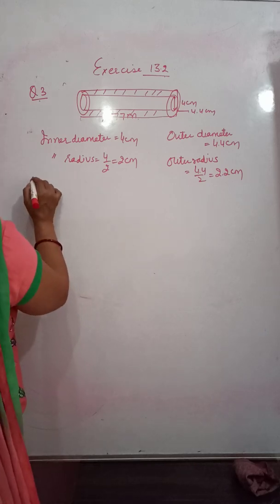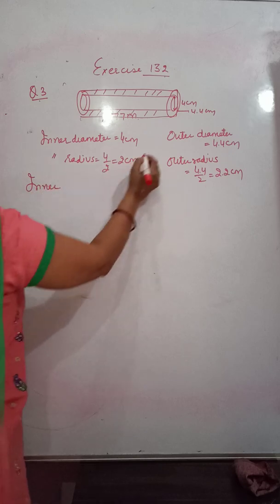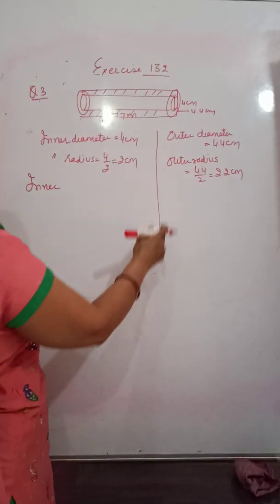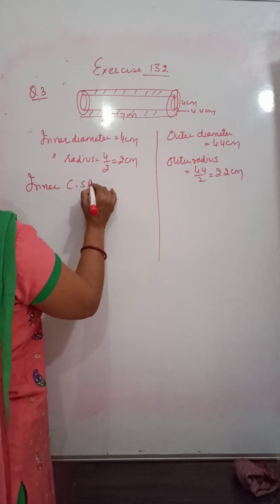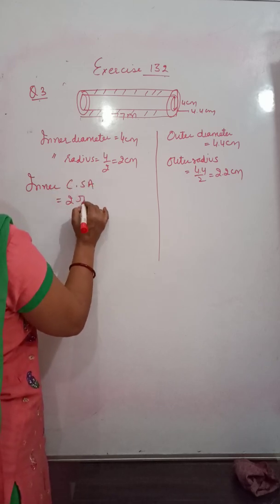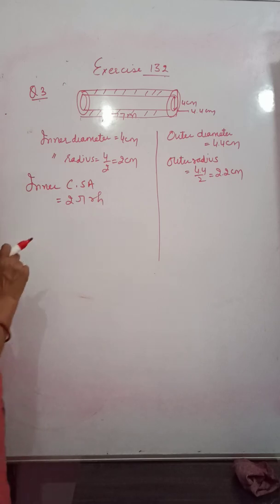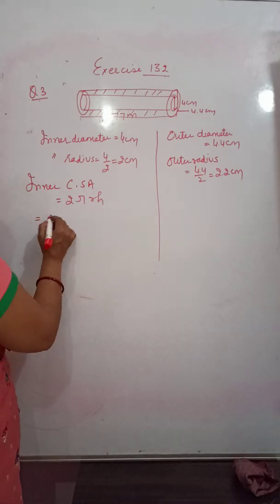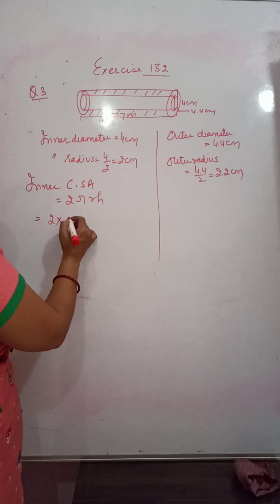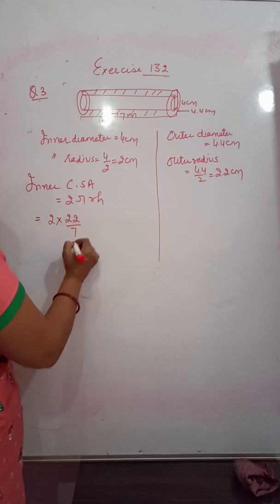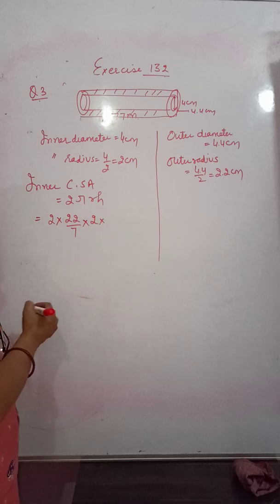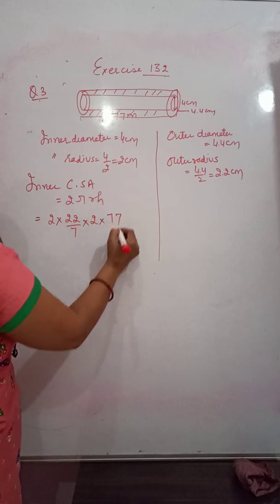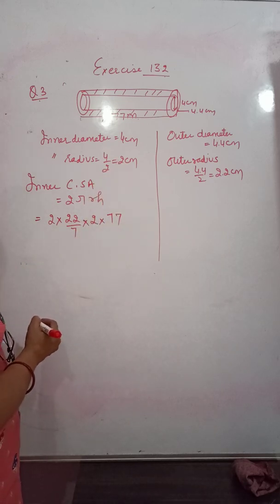First of all, let's find inner. I am marking a demarcation line. Let's find the inner curved surface area. It is 2 pi r h. 2 pi is 22 upon 7, r is 2 and h is 77. Clear?